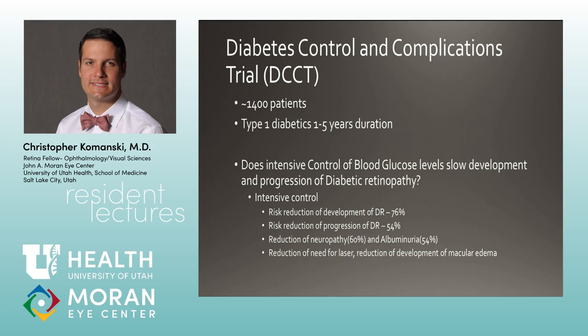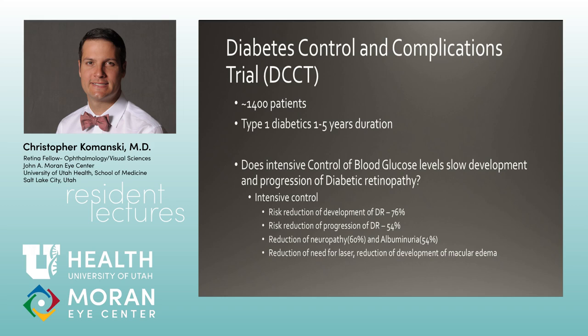Intensive control reduces the risk of development of diabetic retinopathy by 76% and reduces the risk of progression by 54%. It also has a disease-modifying effect on neuropathy and kidney disease, and it decreased patients' need for laser for treatment of their macular edema.